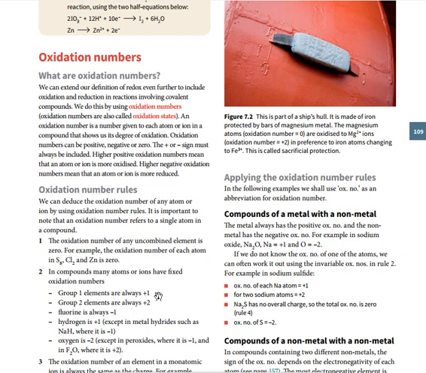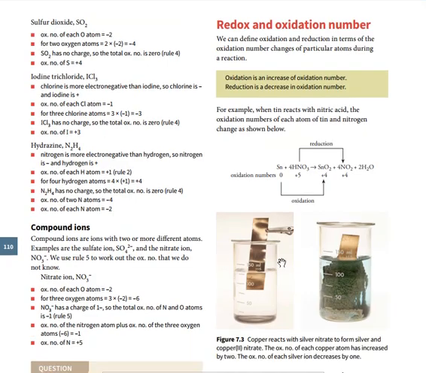So group 1 is +1, group 2 is +2, fluorine is -1, hydrogen you have +1. So all that you have are different oxidation numbers that are known. So for example, if you have a certain compound like iodine trichloride, here you have chlorine with an oxidation number of -1.